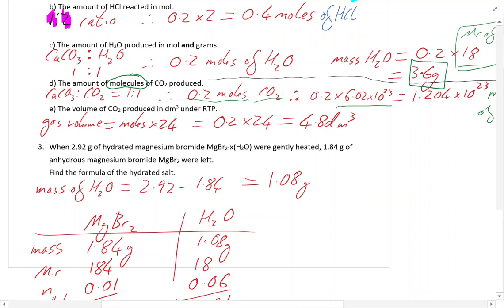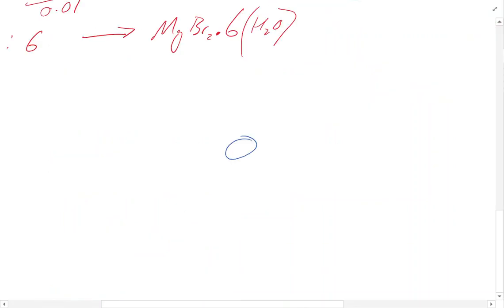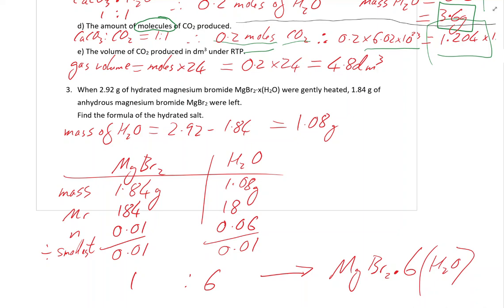Next question, question 3. When 2.92 grams of hydrated magnesium bromide was gently heated, 1.84 grams of anhydrous magnesium bromide, MgBr2, were left. Find the formula for the hydrated salt. So for this question, the first thing that you need to do is work out how much water there was. So this is the difference in the two masses.